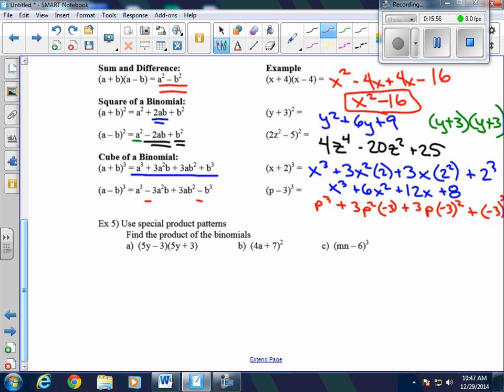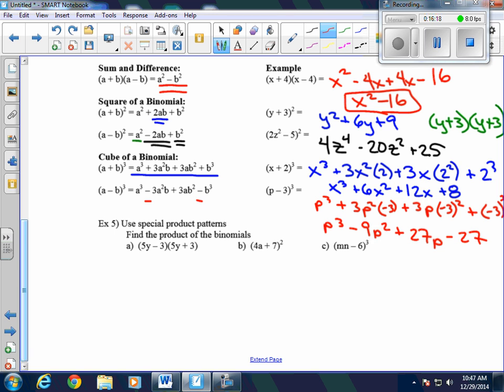So this is going to be p cubed minus 9p squared plus 27p minus 27. And again, notice we had a negative sign here, negative sign here, the second and the fourth terms.